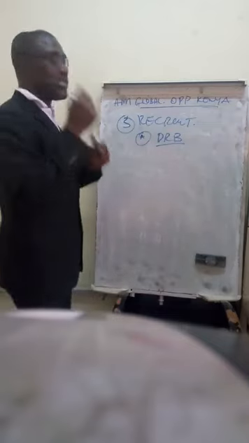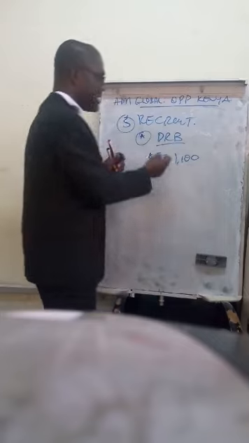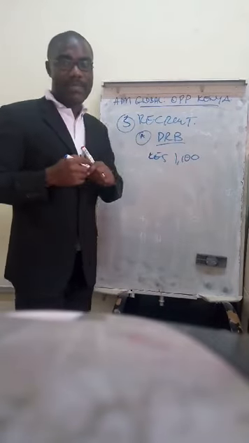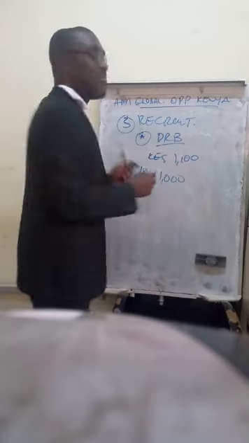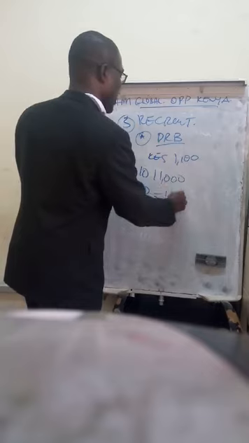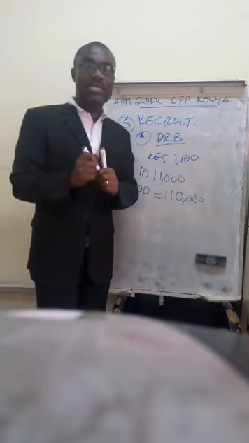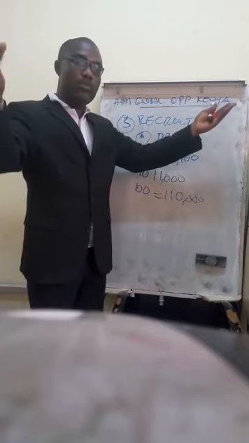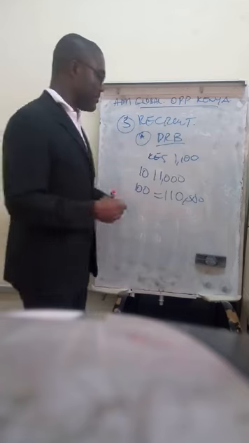The direct referral bonus is 1,100 shillings. So if you bring 10 people, it's 11,000 shillings. And if you can bring 100 people, it is 110,000 shillings. The more people you bring, the more direct referral bonus you earn.